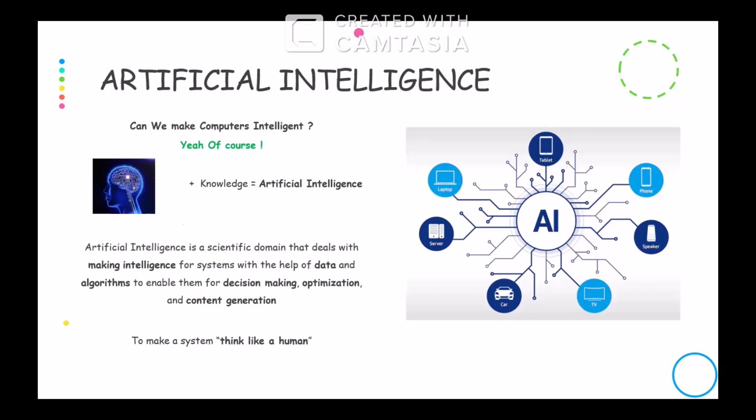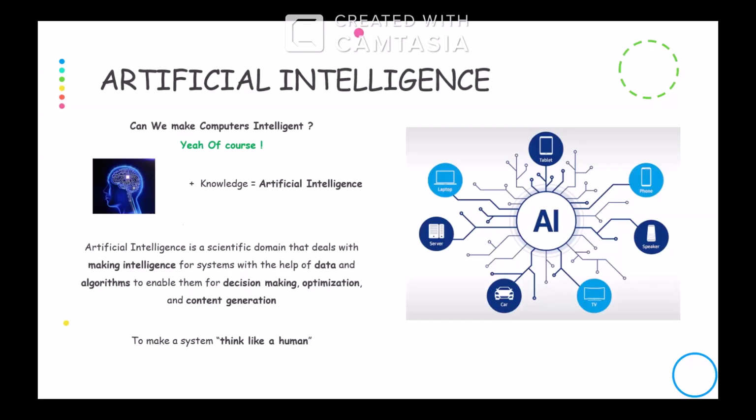Okay. So for decision making and optimization, we can see the application of AI in Uber or in Swiggy, Zomato applications as an optimization technique. And also ChatGPT, Gemini kind of things are actually generating content with artificial intelligence, right?